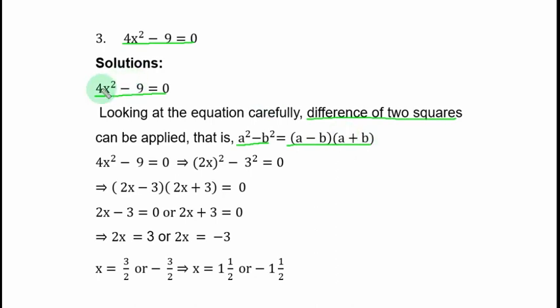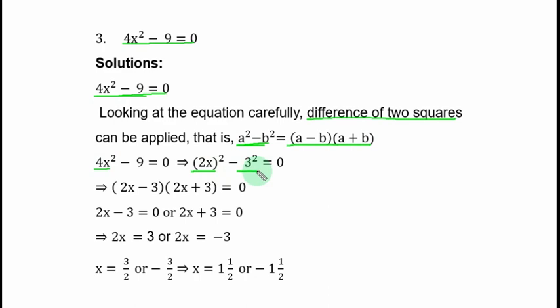If we relate the given problem to this, it means the first term must be squared completely and the second term must be squared as well. So for us to have that, we have to express 4x squared as 2x all squared, and express 9 as 3 squared.